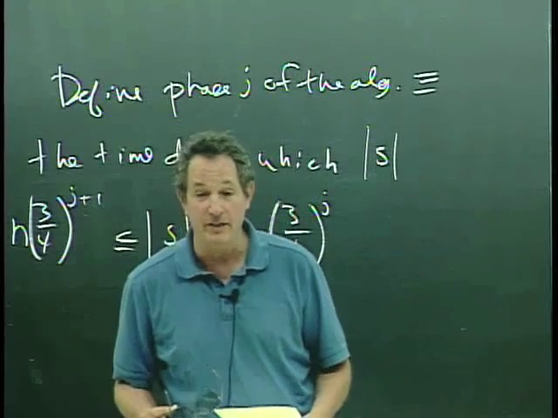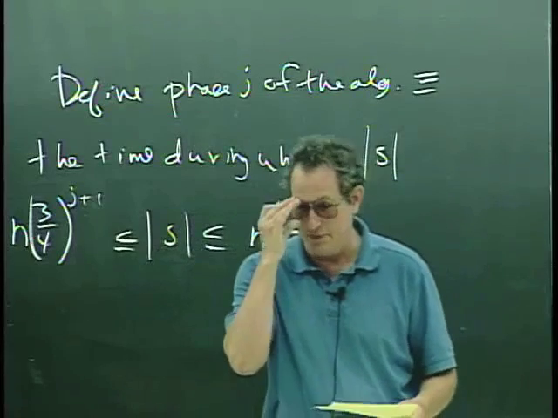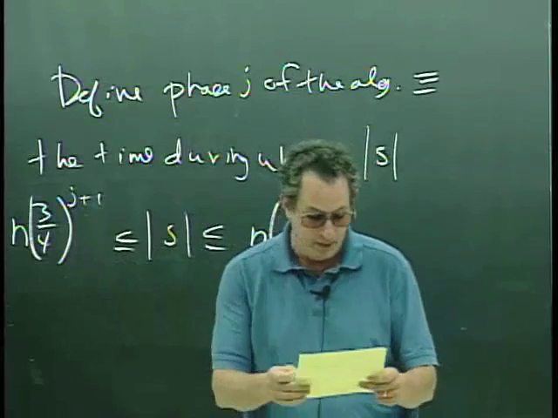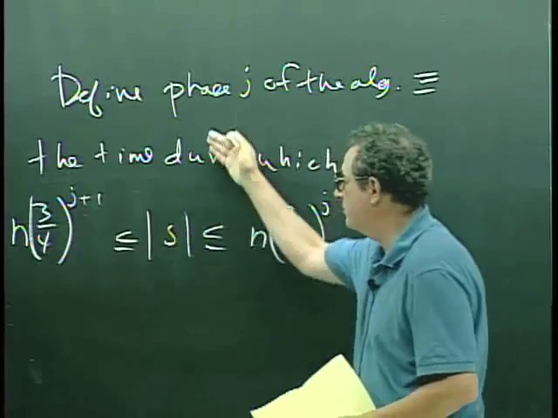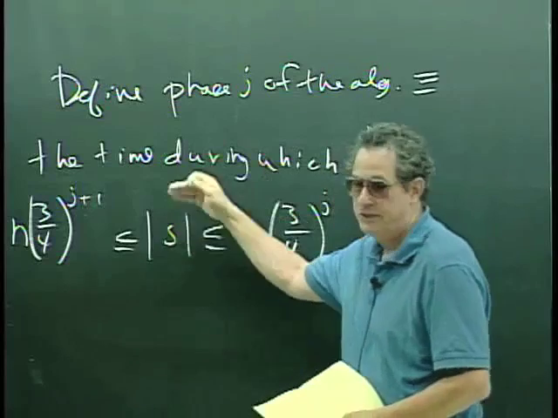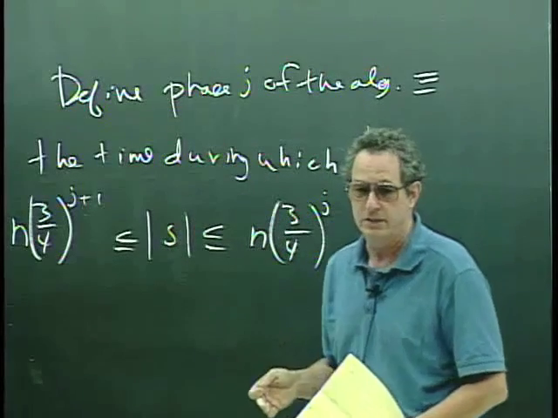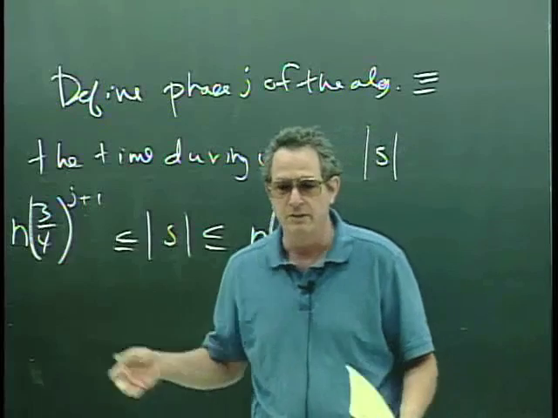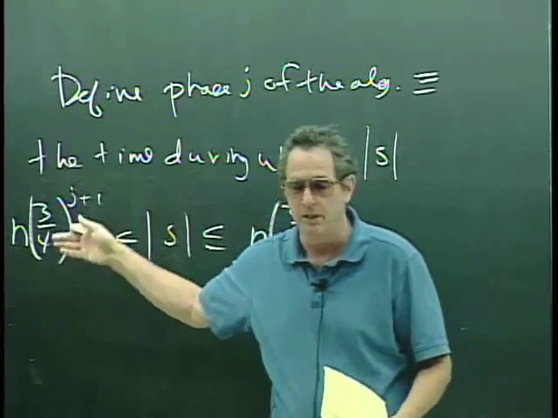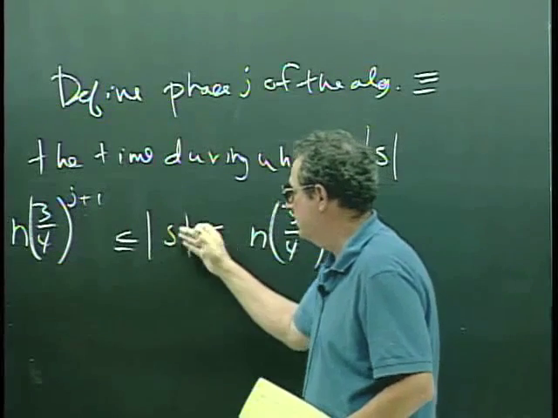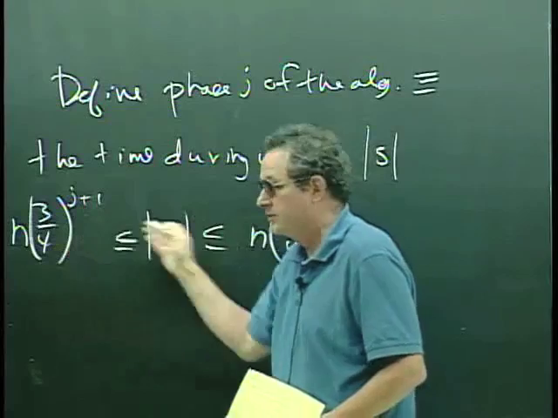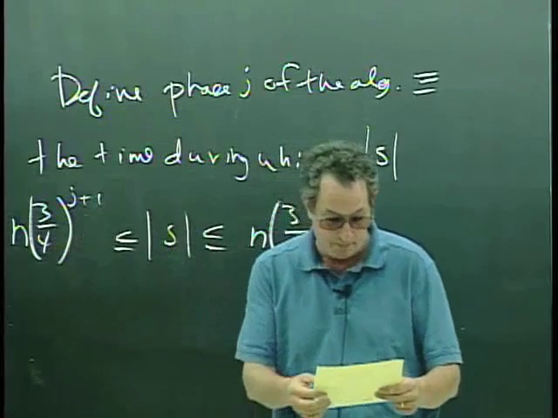Well, we're going to look at that; that's part of why we're defining this. The only thing I've said so far about how many iterations, or recursive calls, you're in phase J is that it's possible that it's none. The algorithm could possibly skip by it, but if the cardinality of S is in this range, then we say you're in phase J.